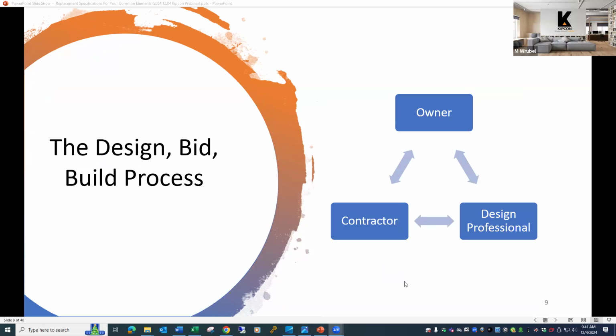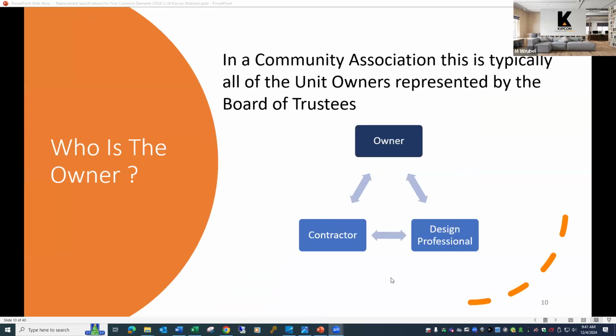So during the active construction, the three main players are the owner, the community association, as represented by the property manager, community manager; the design professional, who is typically an engineer or architect; and the contractor themselves, who are performing the work. Again, the common element owner would be the community association, as represented by the community manager.